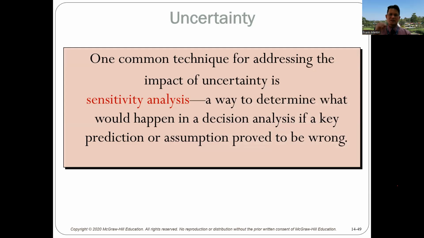You need to find areas that are so sensitive that they can cause a problem to happen. So you are doing some sensitivity analysis. It is the way to determine what would happen in a decision analysis if a key prediction or assumption provided would go wrong.